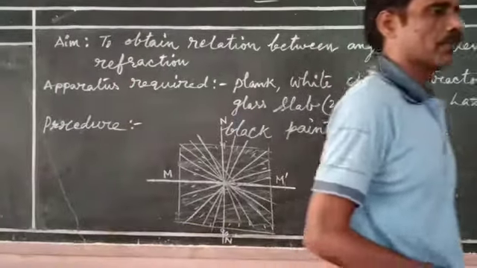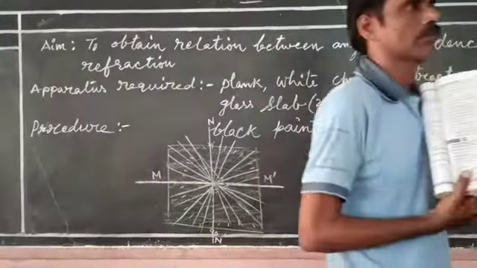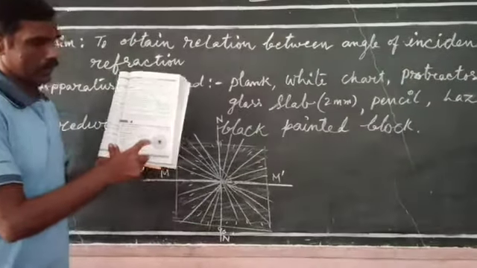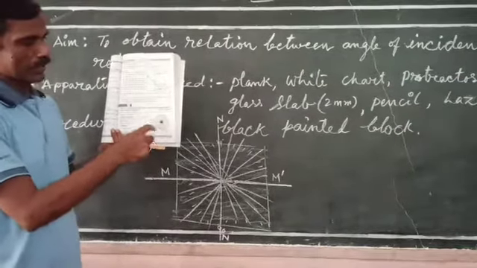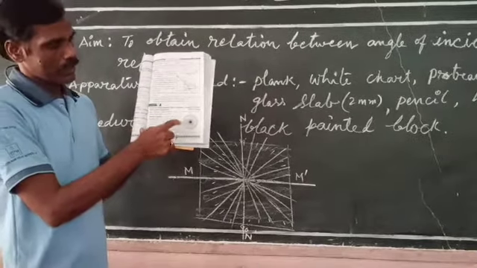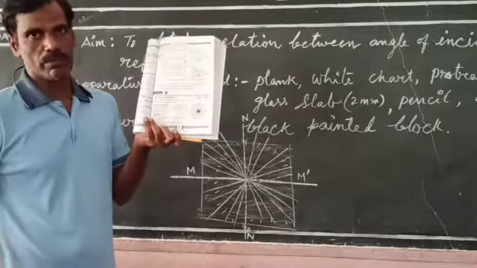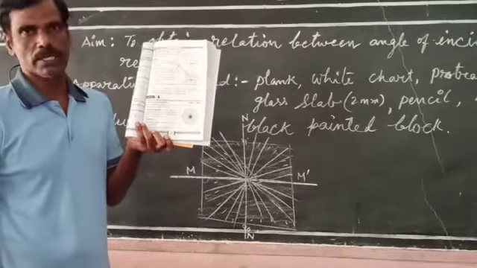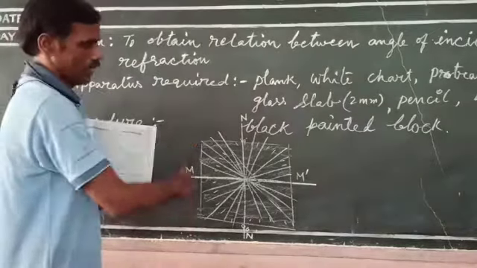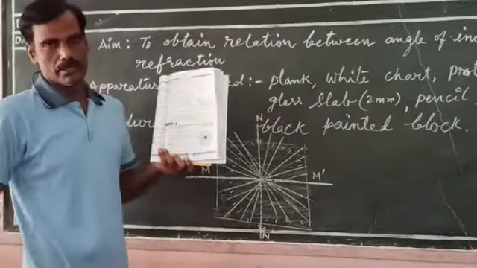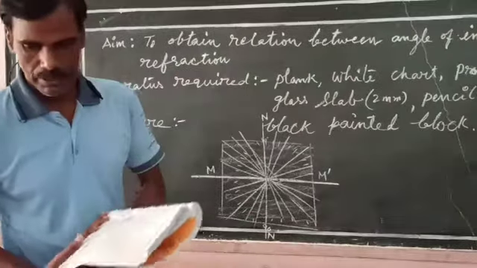In this way, you can draw a circular protractor. Nowadays, these types of protractors are available in the market. You can use that protractor to mark these degrees of 360.